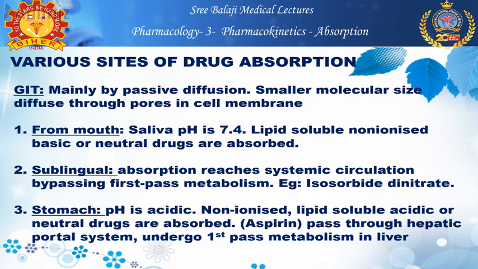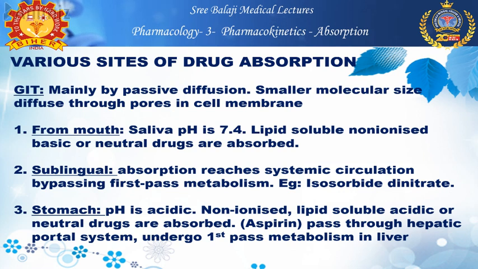From the mouth, the saliva pH is 7.4. So lipid soluble non-ionized basic or neutral drugs are absorbed, because the non-ionized basic drug will remain unionized at a pH of 7.4, so it will be easily absorbed from the mouth.